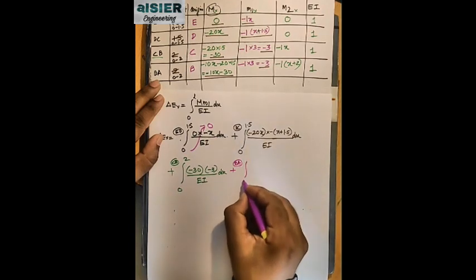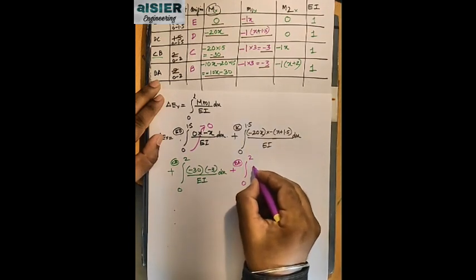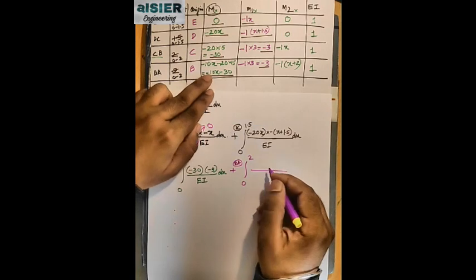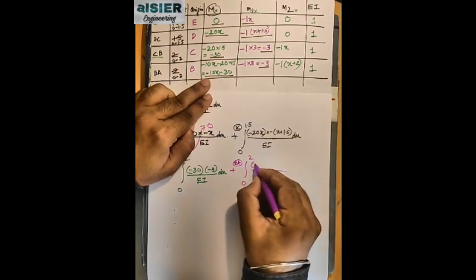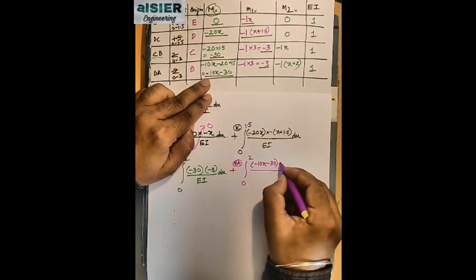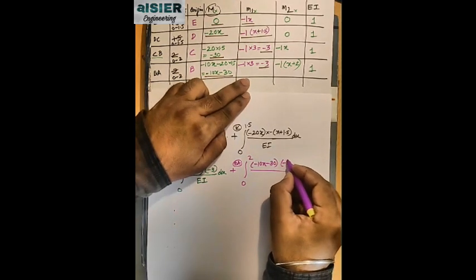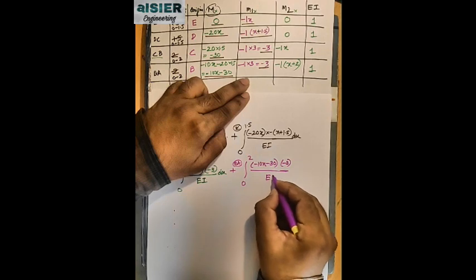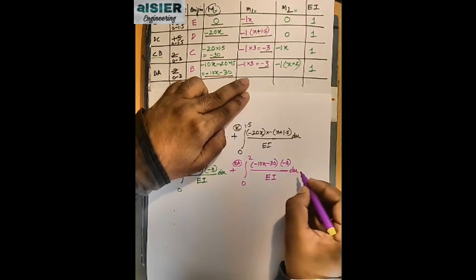So for BA, the limits are 0 to 2. What is the value of M here? It is minus 10x minus 30, multiplied by the value of m1, which is minus 3, divided by EI dx.